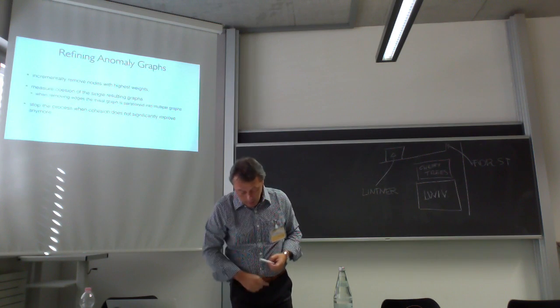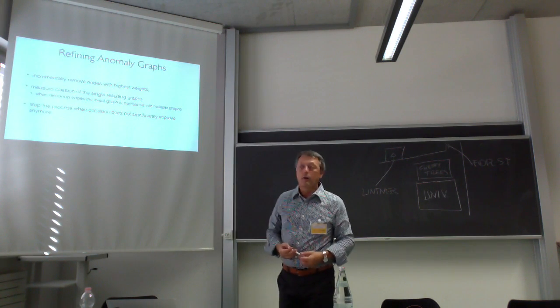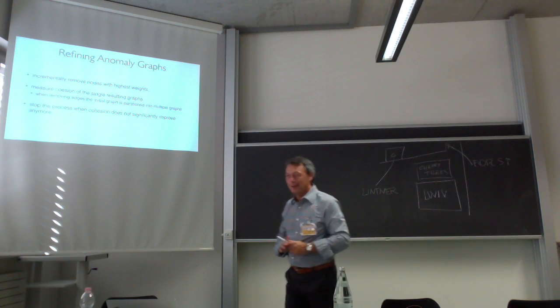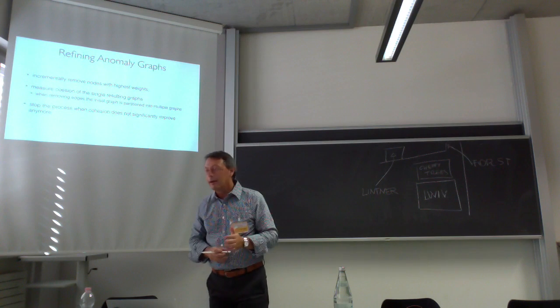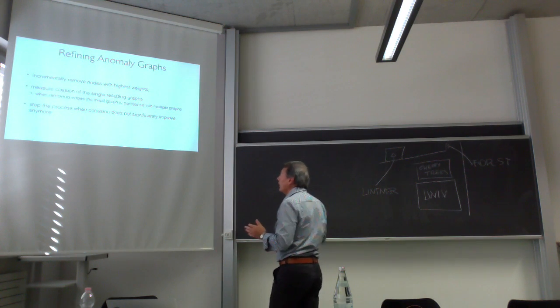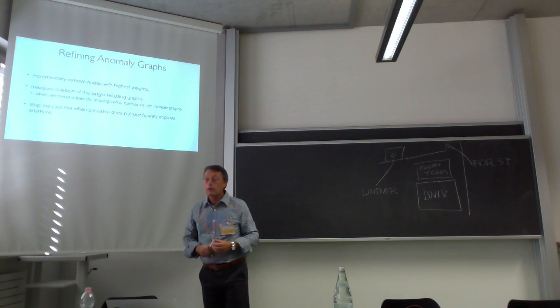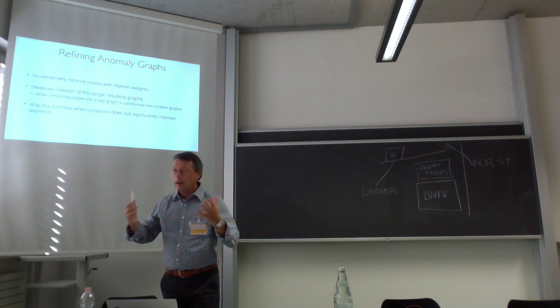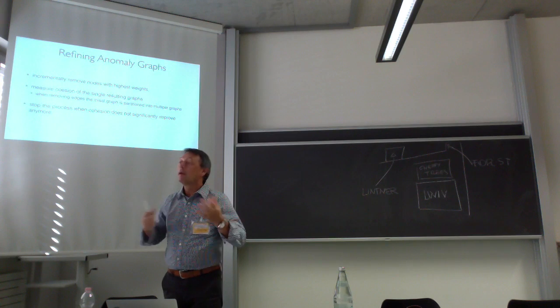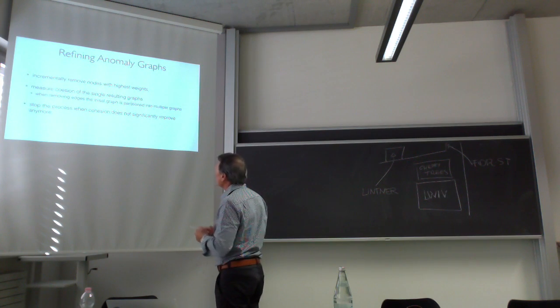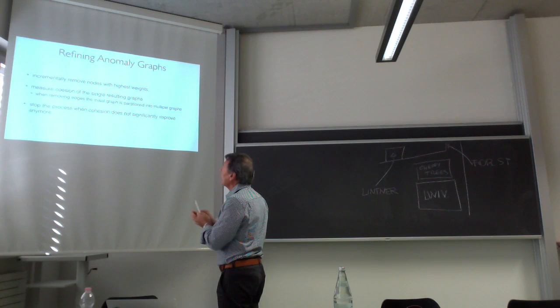Now, how do we cluster anomalies? The solution seems easy, but it took us a long time. The idea is the following: you start removing nodes with the highest weight. So you start removing the nodes that are more likely to raise good relations, and you measure the cohesion of the resulting graphs.